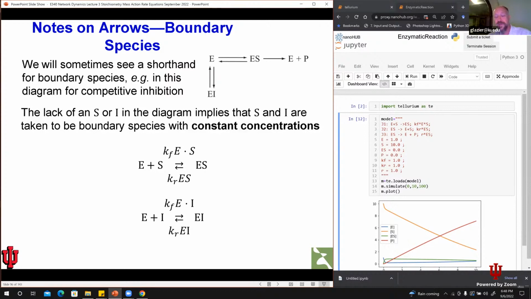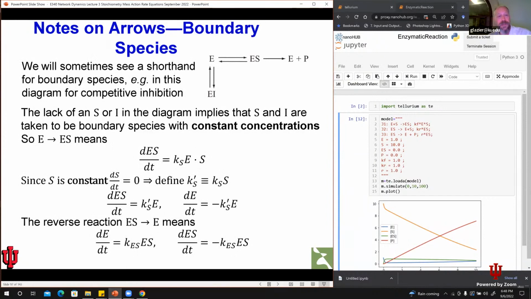I realize that's pretty confusing to look at, but that is the standard notation that you'll run into in the literature. So if you see something that looks like this, you say, where the hell did the S and the I go? You have to know that they're not being written. Interpret it that way.